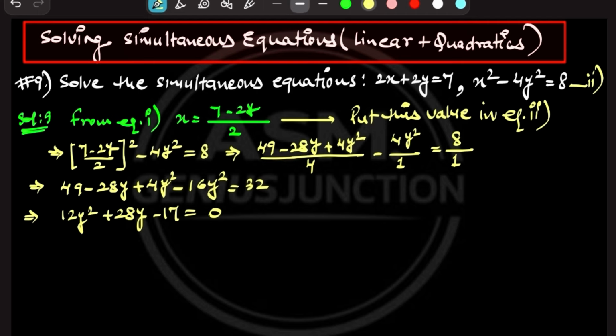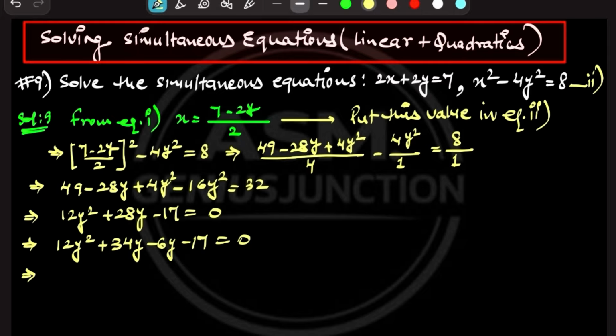Now I need two numbers whose product is 12 times minus 17, and whose sum is equal to 28. So using the concept of middle term splitting that we discussed in video number 1, we get the two numbers, giving 12y squared plus 34y minus 6y minus 17 equals 0.